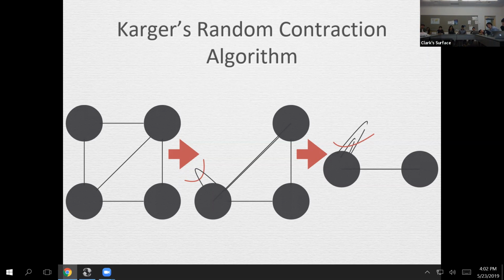They have to be connected to each other, and also connect to the same other node. For some reason it doesn't show, but there are two lines here. So you can get the minimum cut too.